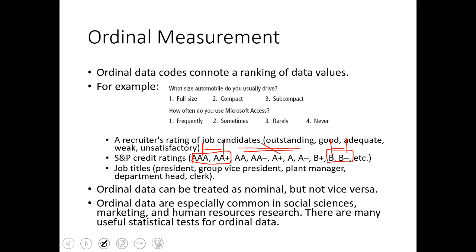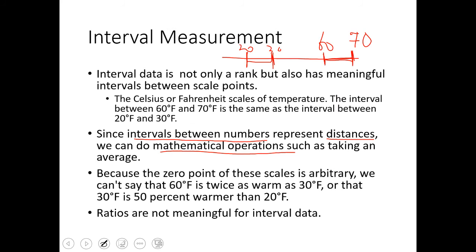But in the S&P 500 credit rating case, we cannot do the mathematical calculation. AAA plus AA plus A plus AA is nonsense. But here, 20 degrees plus 10 degrees is 30 degrees.